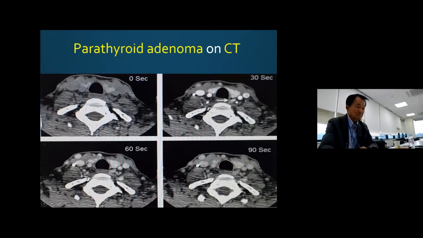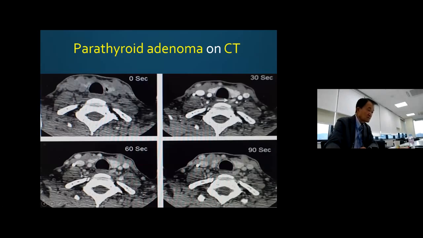Now here, this is the thyroid, okay, but with contrast, jugular, carotid, arterial phase, and this is the inferior pole right behind here, the nodular enhanced.